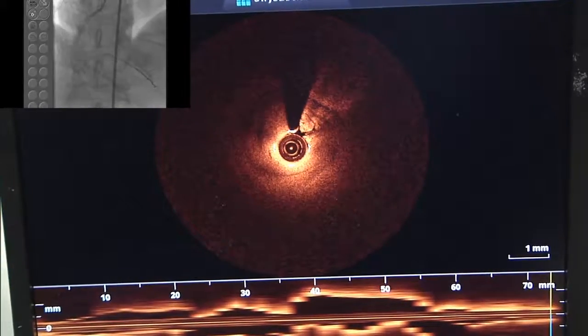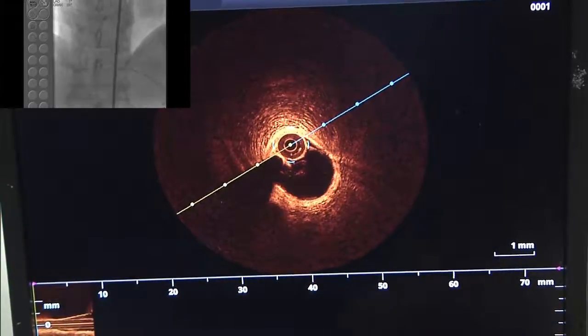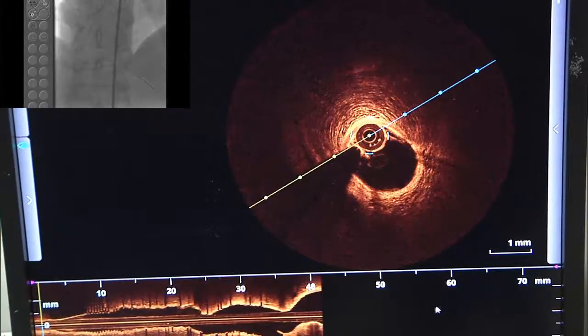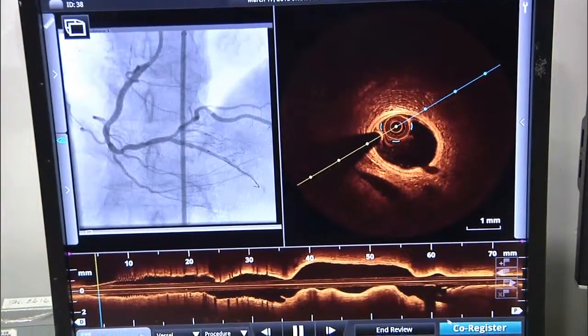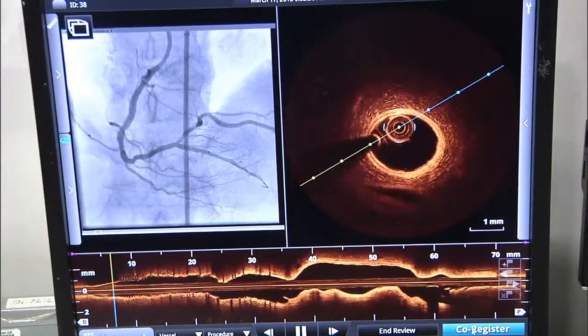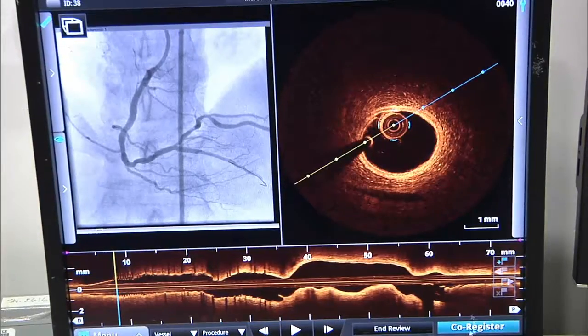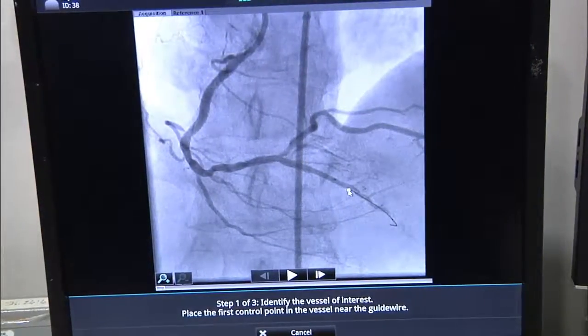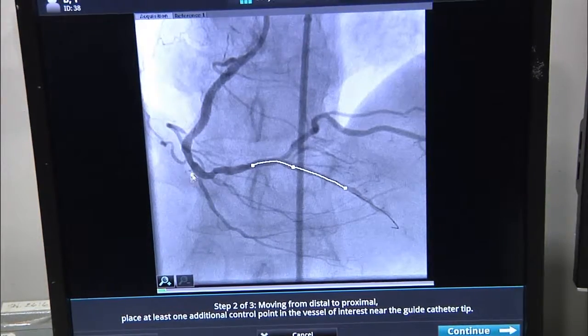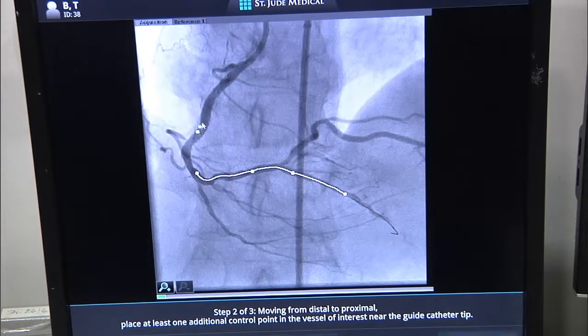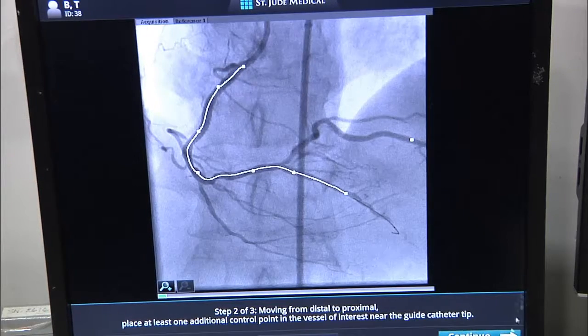What magnificent pictures. Take the wire out, okay? Yep. Don't need to see anything. So when I meant co-registration, you have to do the cine angio at the same time, and they're just going to put the dots and connect everything.